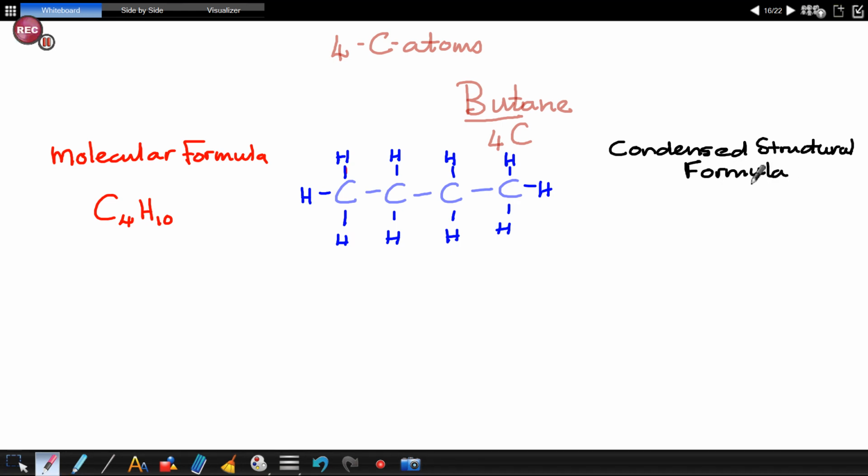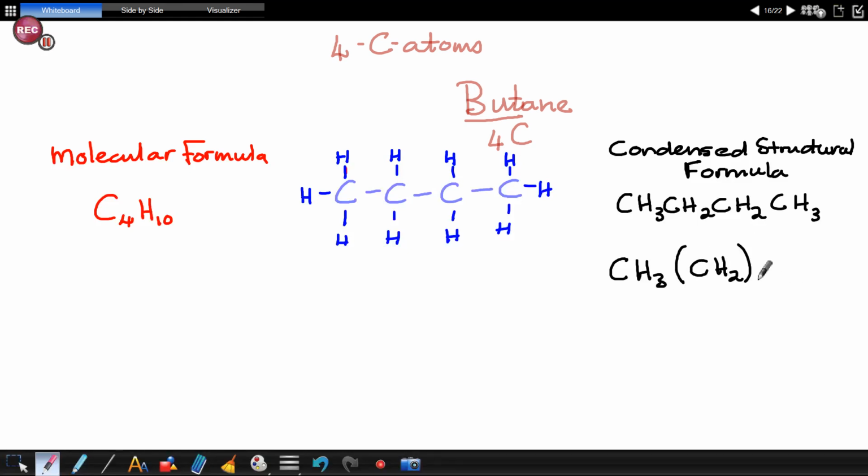And I'll show you now that you can even shorten that. Now you've got to have the end carbon with its 3 atoms of hydrogen and the beginning carbon with its 3. But those that are repeated in between, I can shorten it. I can write CH3 in brackets CH2.